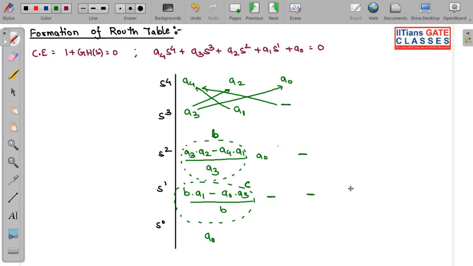Now for the Routh table to be stable, let me write it once more.